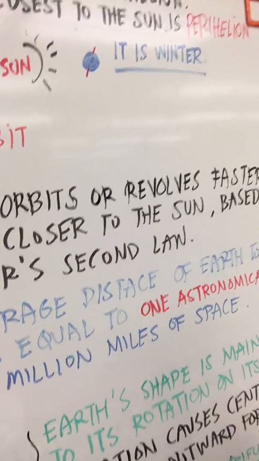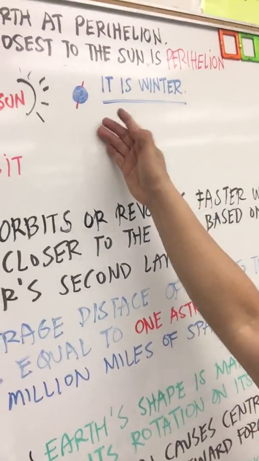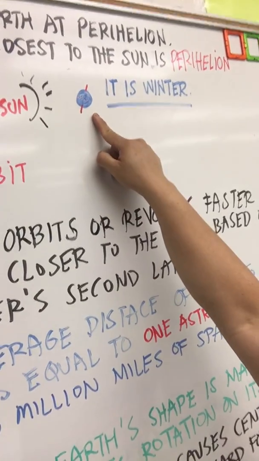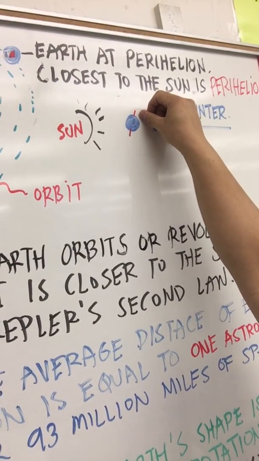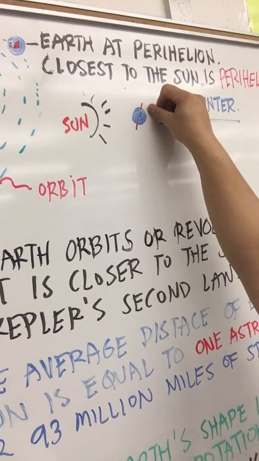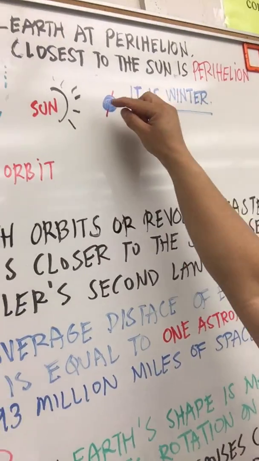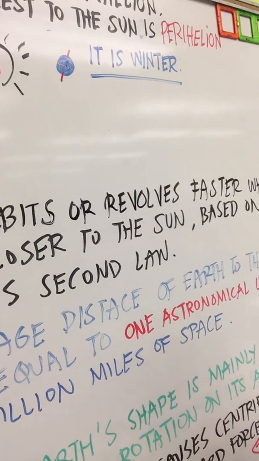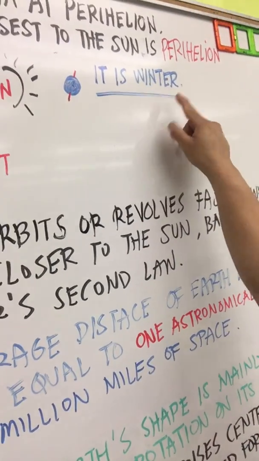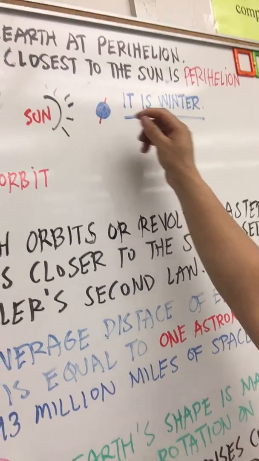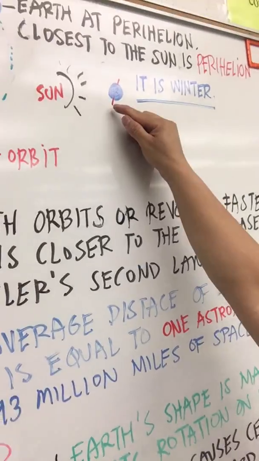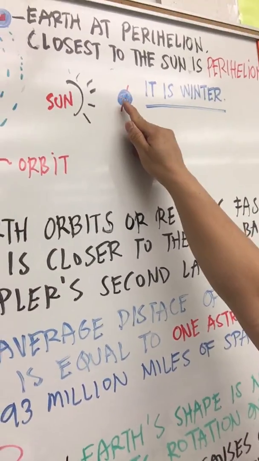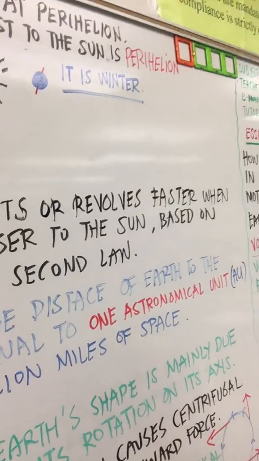It's actually winter in the United States because the tilt of the Earth is like this. See, the northern axis is leaning away from the sun. So this makes the season in the United States during perihelion winter. Of course, in the southern hemisphere, it's actually summer because the southern axis is leaning towards the sun.